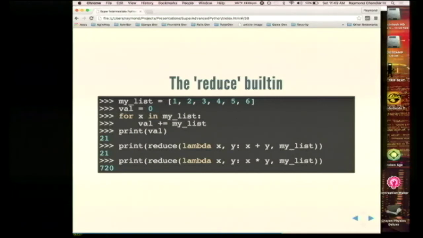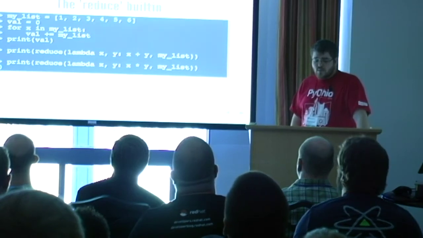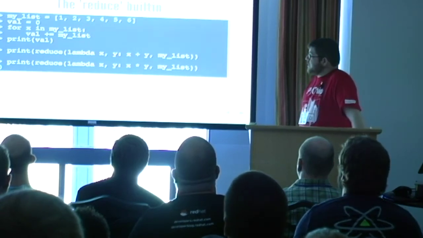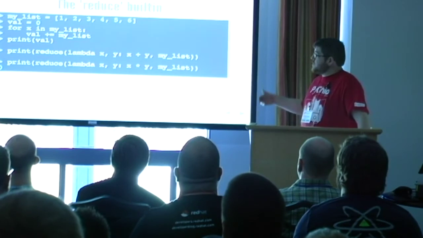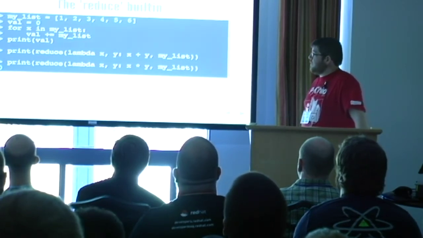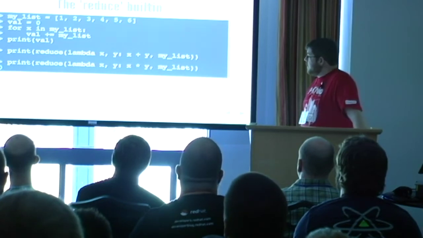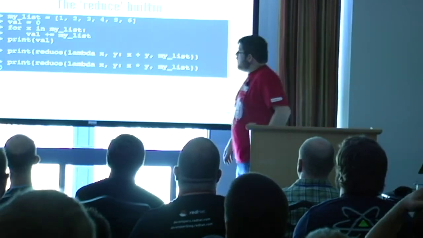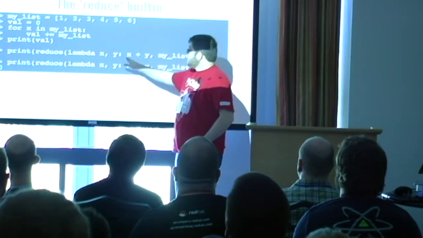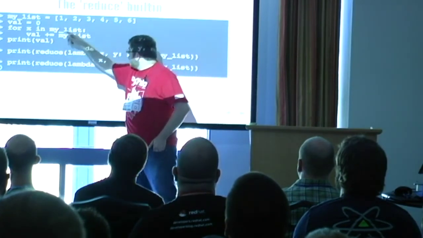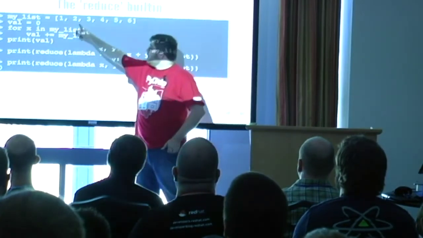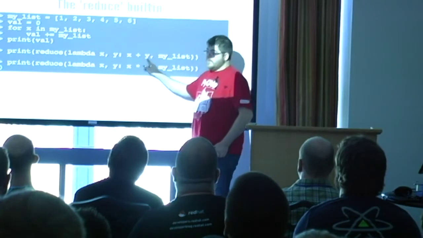So in this case, at the top we have a value, and we're just incrementing that value based on whatever value is in the list. We could do the same thing here at the bottom, but we're first going to take the first value, and then the second value. We're going to apply the function to those.